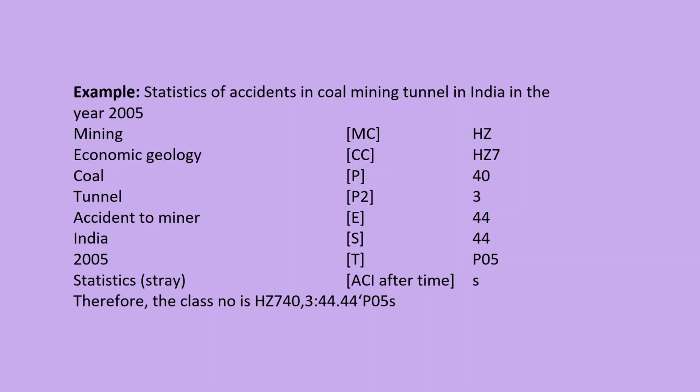Here, following the rules, we get the notation capital H capital Z 740 comma 3 colon 44 dot 44 apostrophe capital P05, and finally the ACI small s for statistics.